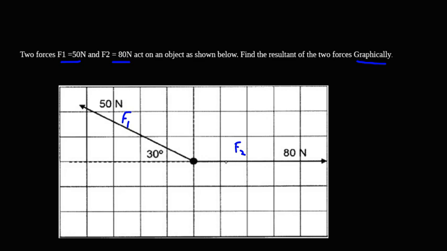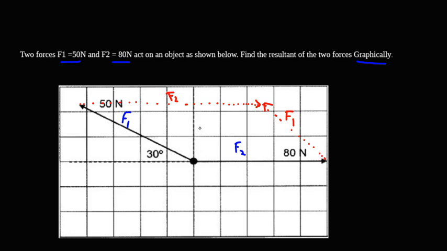We draw the opposite side, which must be parallel to this one, F2. So we draw it at the tip of F1 and it must be parallel to F2. In magnitude this is still going to be F2. At the tip of F2 we draw F1 parallel to the F1 side, and this is still going to be F1. So we have completed our parallelogram.